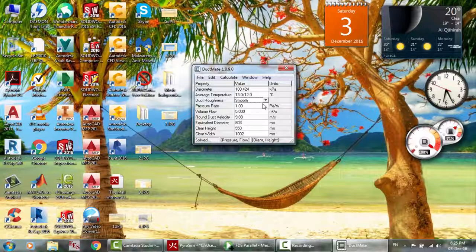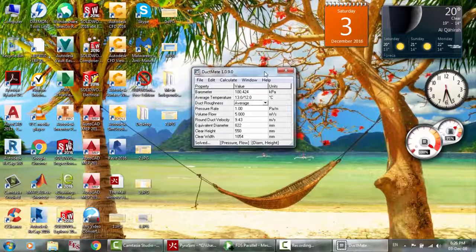I think it may also be used if the duct is glass, and medium smooth if it is galvanized sheet metal, especially if you buy new galvanized sheet metal from the company, not old. Notice here medium smooth and smooth, and the average is the old galvanized sheet metal, but it's not common.